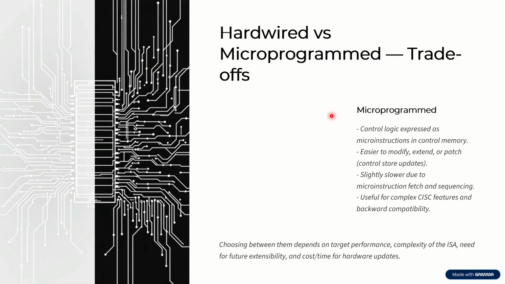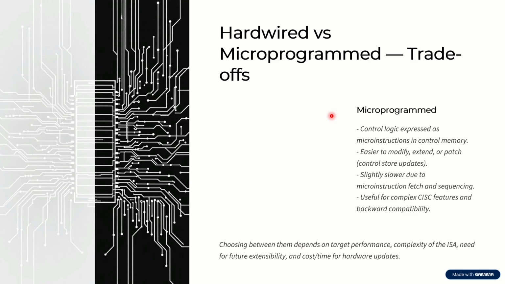Now moving towards the differences between hardwired and microprogrammed trade-offs. Microprogrammed control: in a microprogram, control logic is expressed as microinstructions in control memory. It is easier to modify, extend or patch since control store updates. It is slightly slower due to microinstruction fetch and sequencing.